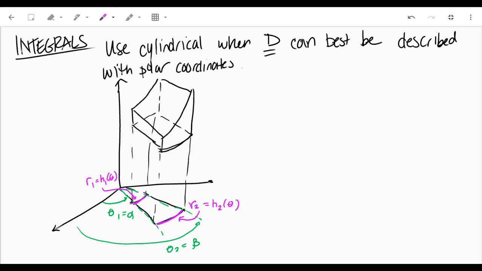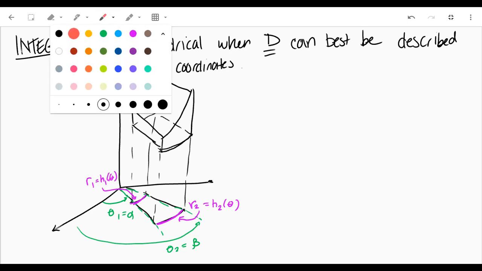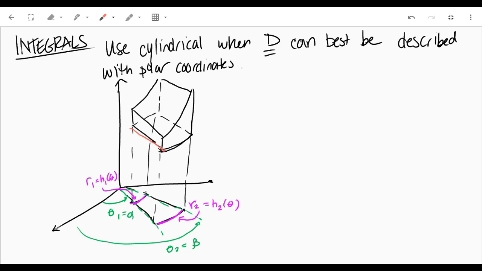All right, and then we look at that figure, and it's got its z-bounds. Okay, so the bottom here, which looks to be maybe flat, but it could have a curve to it, or a slant. That one would be z1 equals some function of x and y, which again will convert to r and theta.